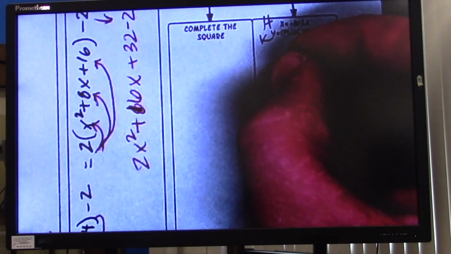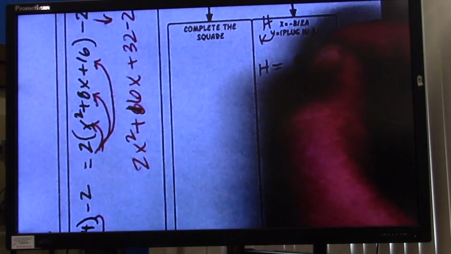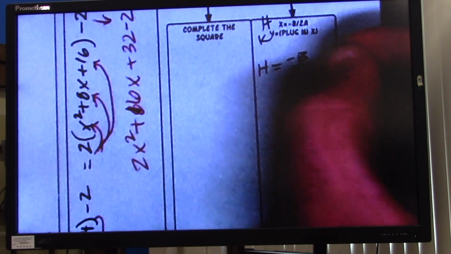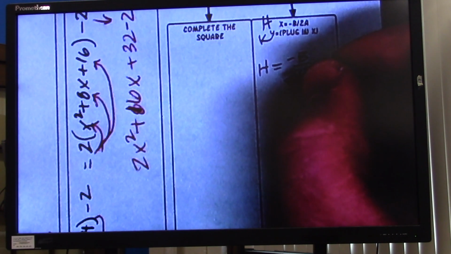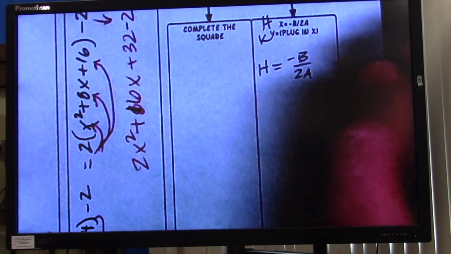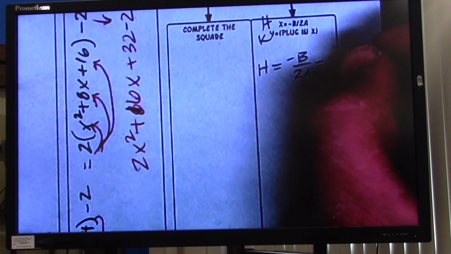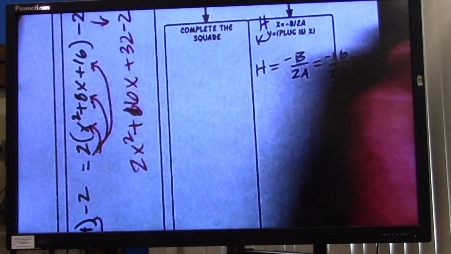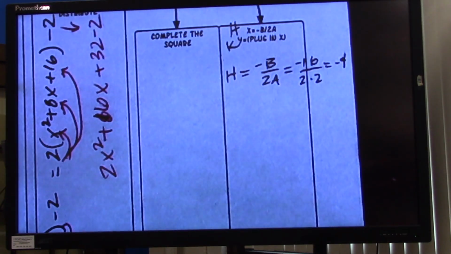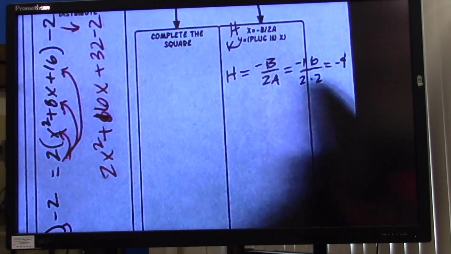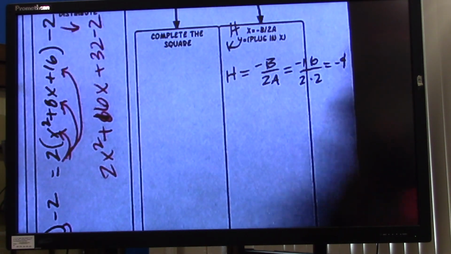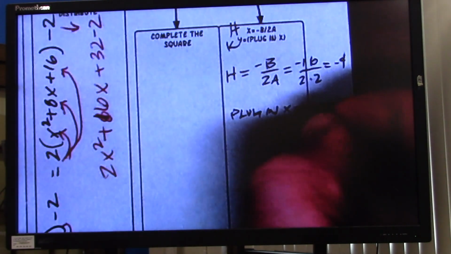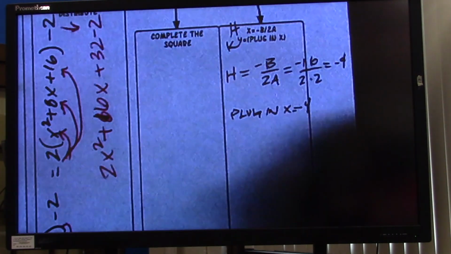Okay, so we're going to solve this. x equals negative b over 2a, and h is a very special x. It's the x of the vertex, which for this problem is negative 16 over 2 times 2, which is negative 4. Okay, so we found the x of the vertex is negative 4. And then to find y, we'll plug that in.